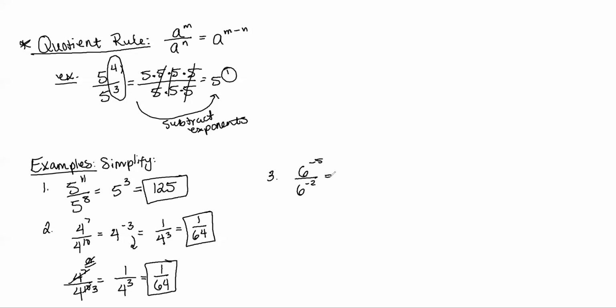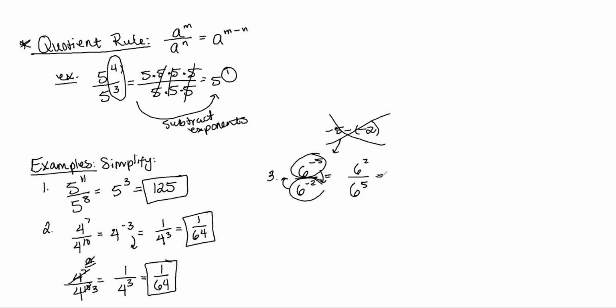I don't like using the quotient rule first here because if we were to subtract -5 minus -2, we're dealing with all these negatives and I just don't really like working with all those. So what I'm going to do is get rid of the negative exponents first. So I'm going to move the one on the top to the bottom, move the one on the bottom to the top. So now we have 6 to the positive 2nd over 6 to the positive 5th.